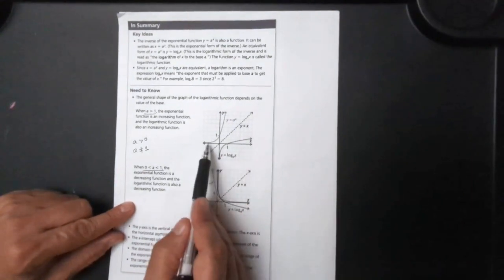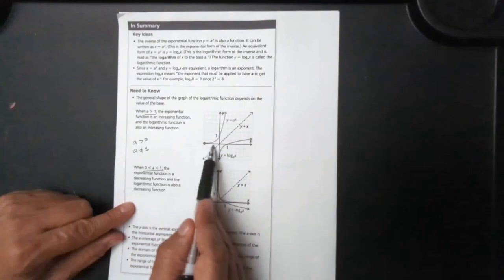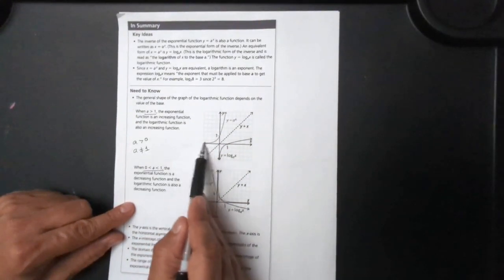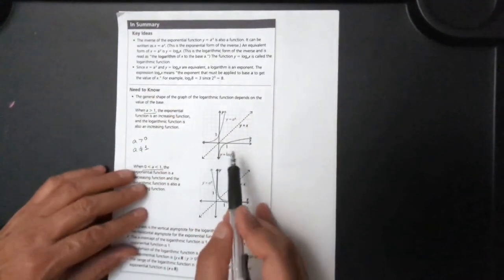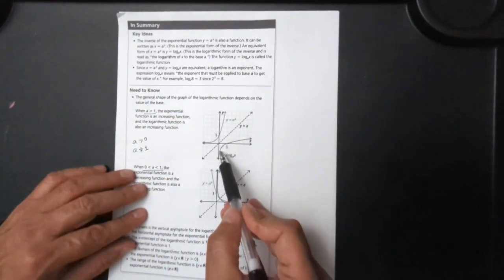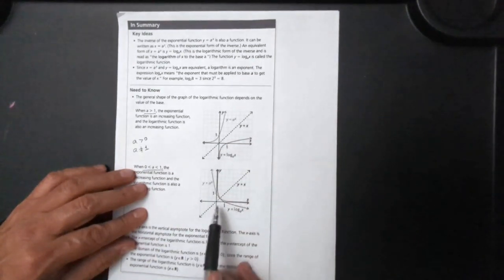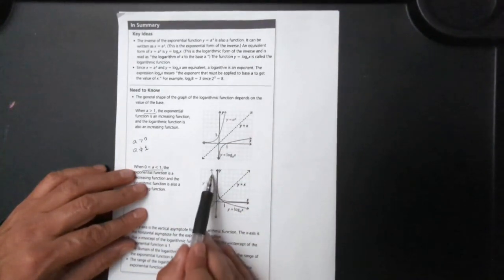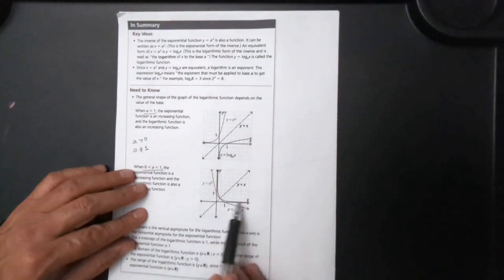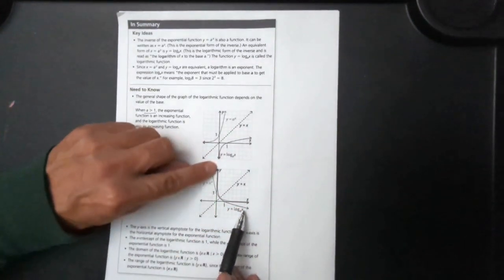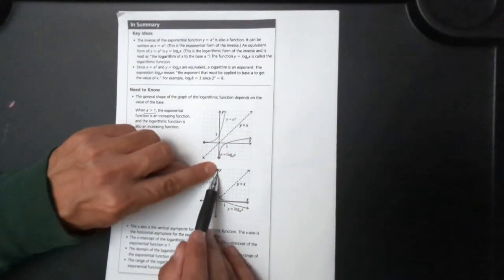So the x-axis is the asymptote of the exponential function. Because of the mirror image, we get that the y-axis is the asymptote of the log function. Here also the same thing happens. X-axis is the asymptote of the exponential function. In the inverse case, the y-axis becomes the asymptote of the log function.